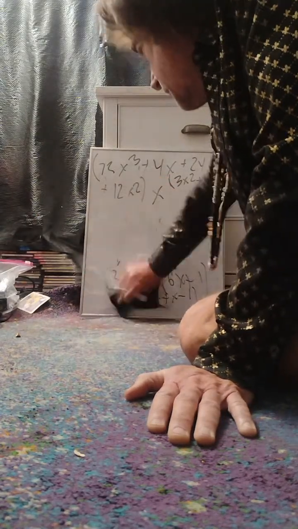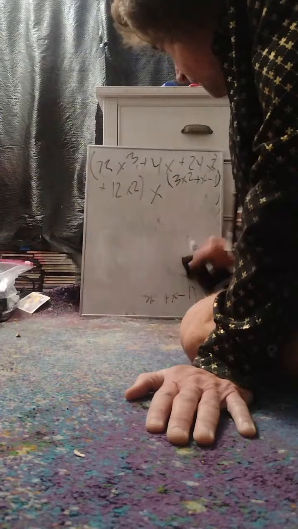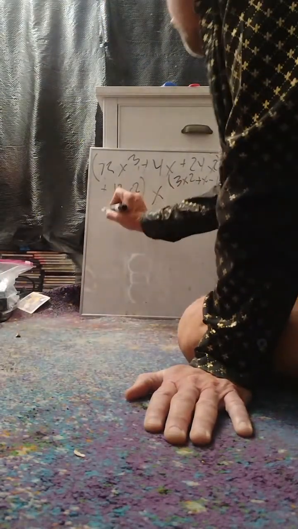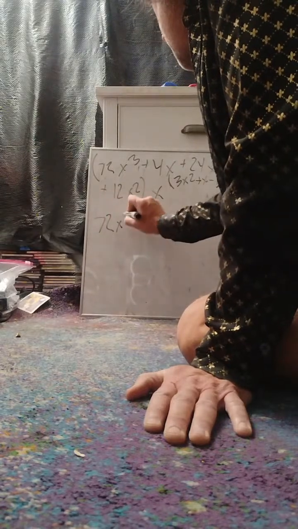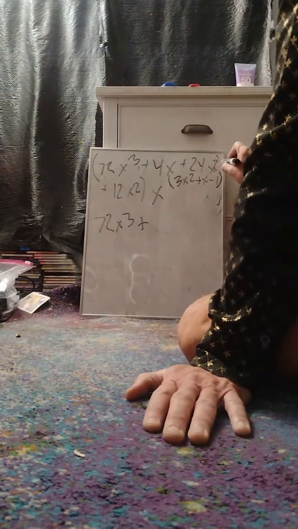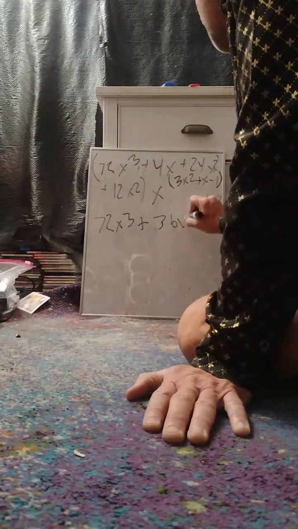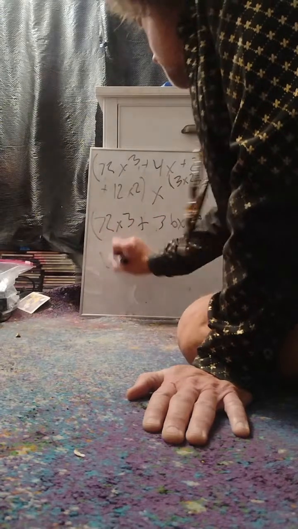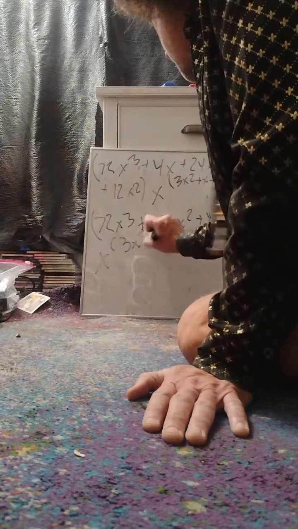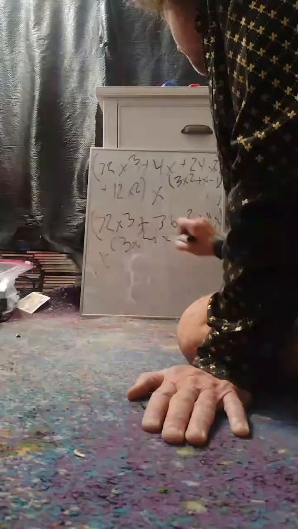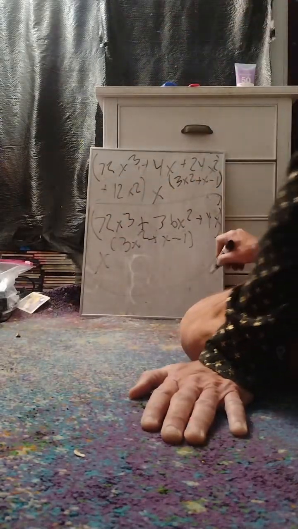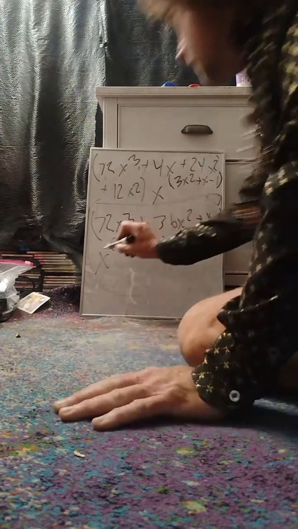So no need to have those as separate things. I'm getting my math back, so pardon my whatever I'm doing. 72x cubed plus 36x squared plus 4x, all that times x to the 3x squared plus x minus 1. There is the derivative of that original function, which was a function of a function.